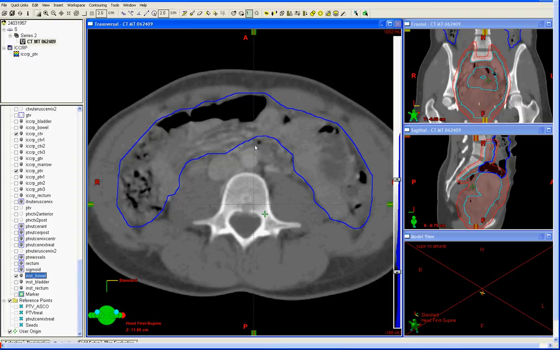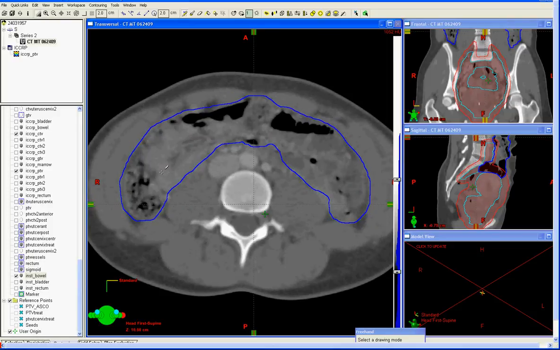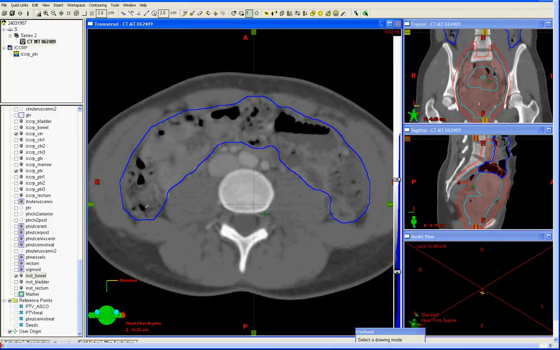We will have the bowel contoured already here, but just to go over the technique, we contour the outer loops of the bowel around the peritoneum. We don't contour any individual loops of bowel, and we proceed all the way around the outer loops of the bowel like so, and we contour about every third slice and then interpolate.